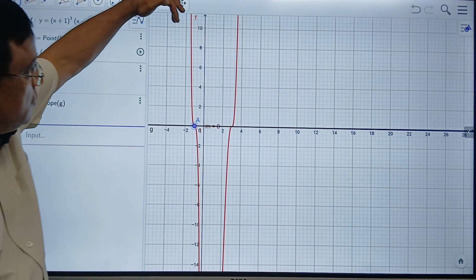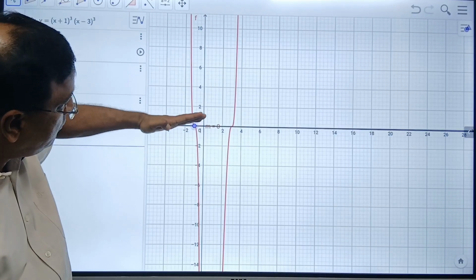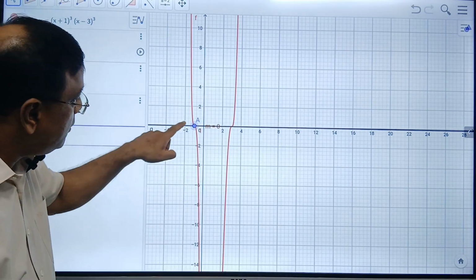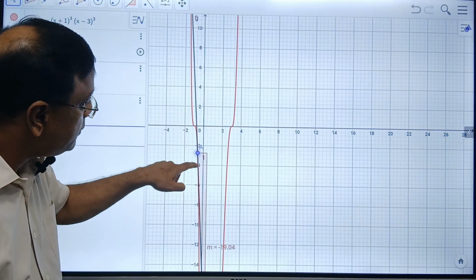You see? So this is decreasing, dy by dx is 0, again decreasing. Okay? Again it is decreasing.